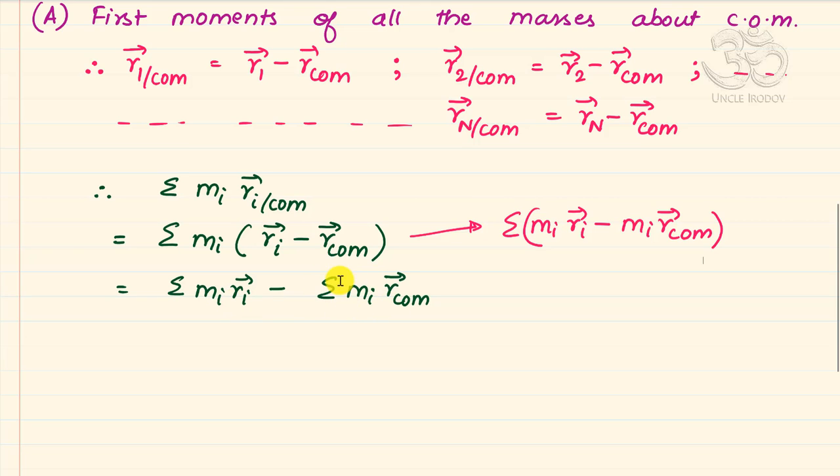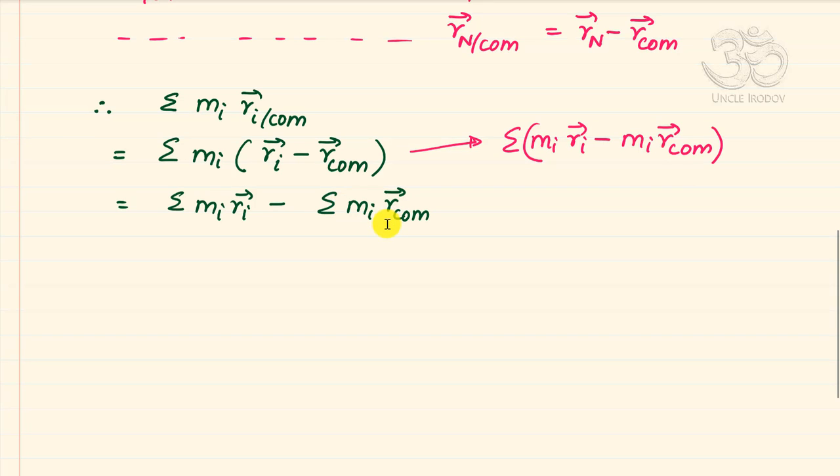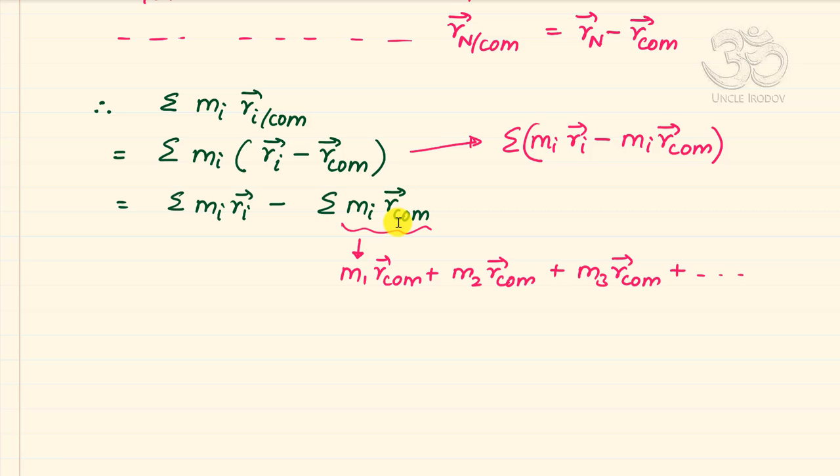This term, you see, I have got summation of mi r center of mass. So here inside this summation, I have got terms like m1 r center of mass plus m2 r center of mass plus m3 r center of mass, and so on, up to n masses, mn r center of mass. And if I've got an expression like this, I can take r center of mass common.